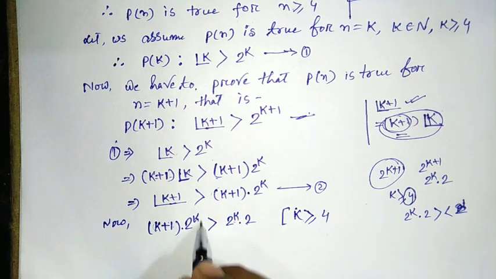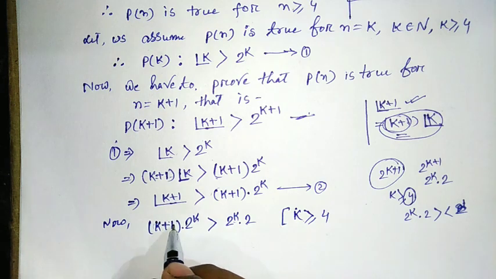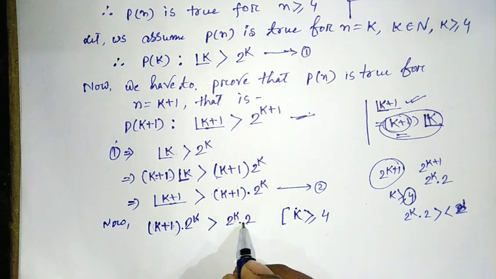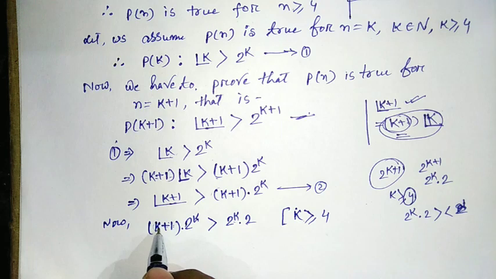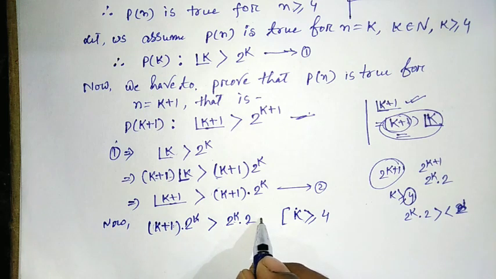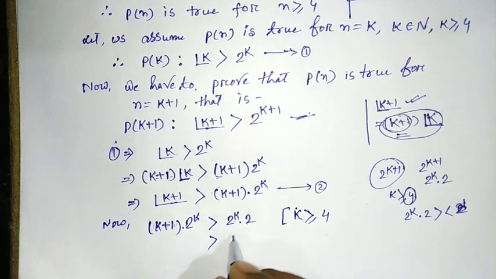Which one is greater? This one is greater. If we take k as 6, then 7 into 2 to the power k against 2 into 2 to the power k. So for every value of k greater than or equal to 4, this is true. So it is greater than 2 to the power k into 2, which means 2 to the power k plus 1.